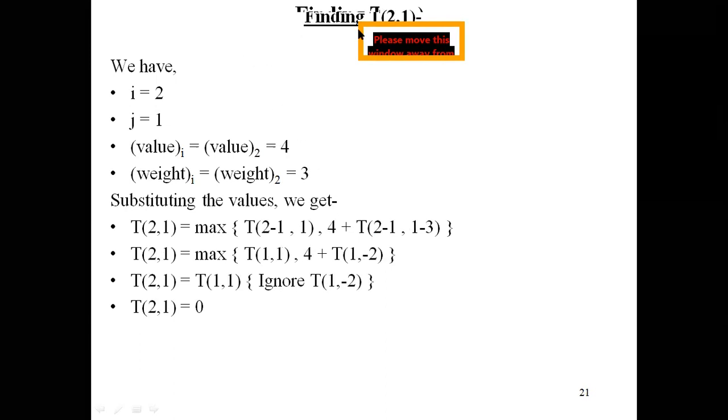Now see the T of 2 comma 1. How do you get 2 comma 1? Check here. i equal to 2 and j equal to 1. That is 2 comma 1. What is the value and weight of the second item?